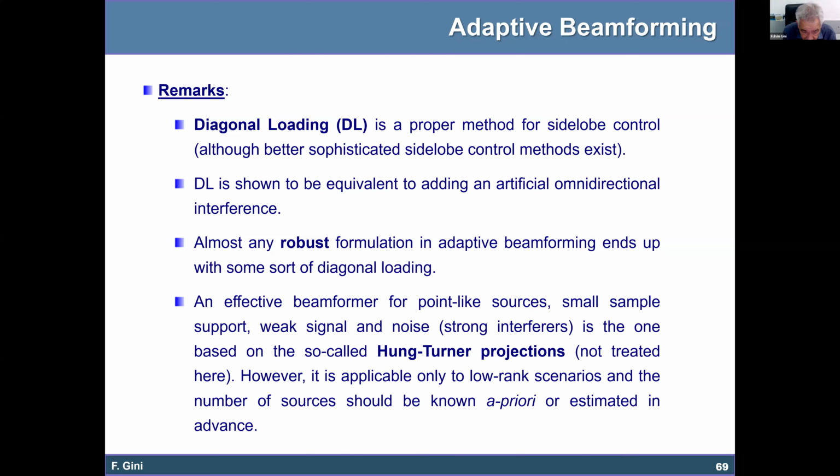There are other methods, for example, the Turner beamformer, which is very useful, but only in scenarios where the signal is weak and the noise is dominated by directional interference. But I don't have time to enter into the details. So, in 20 hours, we have time only to summarize the most fundamental facts in array processing.